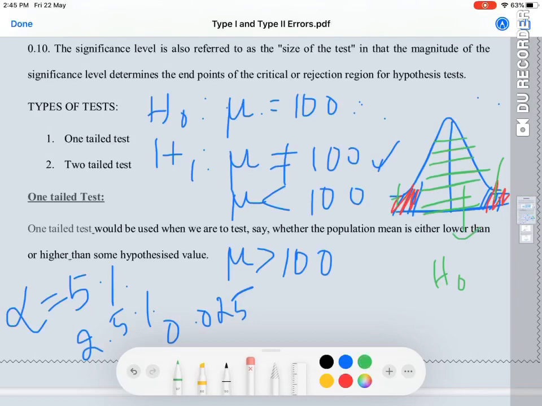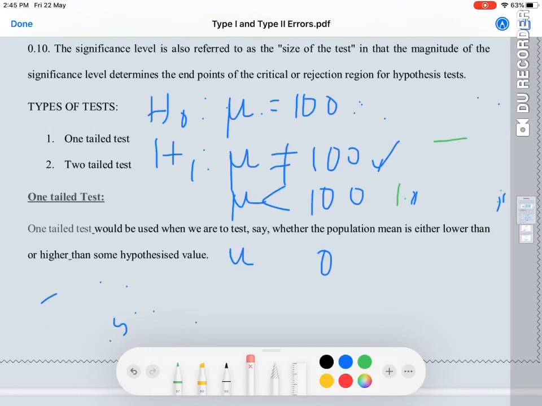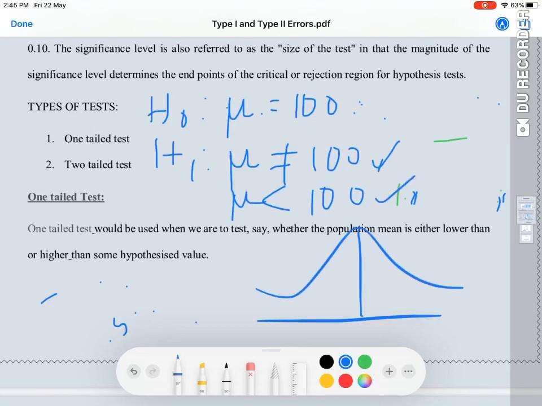Now coming to the one-tailed test. Consider this scenario: if I draw a graph here, mu is less than 100. So it has to be on the left hand side, right? If you remember the normal distribution curve, this is towards the left hand side.